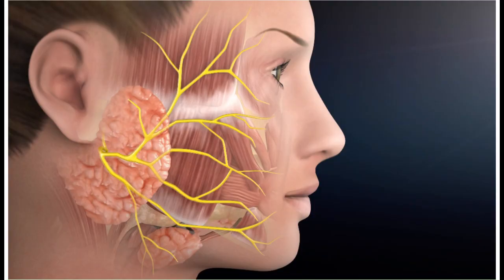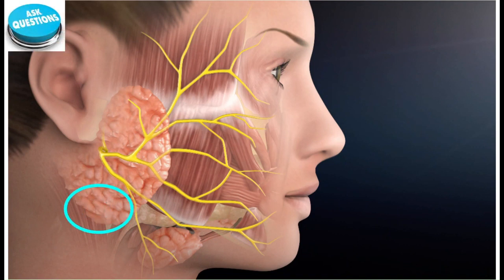You have seen similar image of this view, but here the superficial main part of the gland has been removed, and you can see the different branches and stems of the facial nerve.